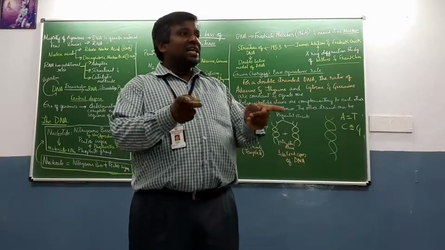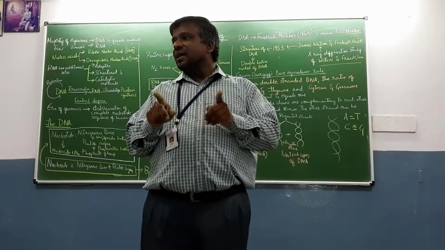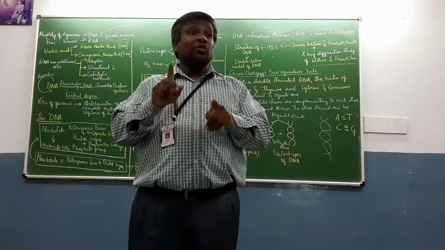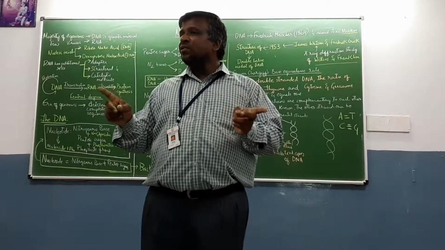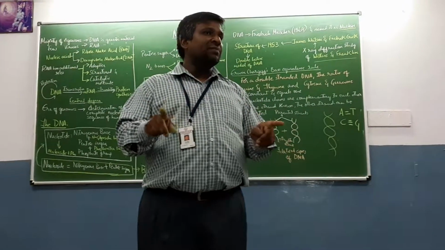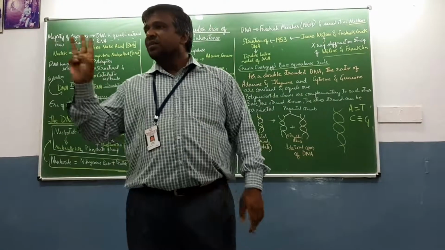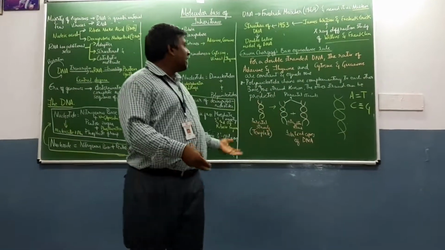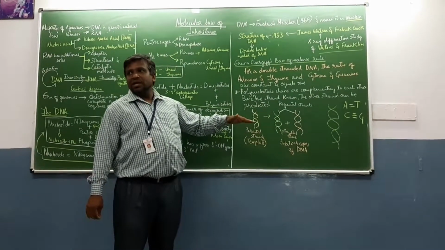Because adenine and thymine are complementary in base pairing, and cytosine and guanine are complementary in base pairing. The bond between adenine and thymine is a double bond. The bond between cytosine and guanine is a triple bond. All those we'll study in detail later when we come to the double helical structure of DNA.